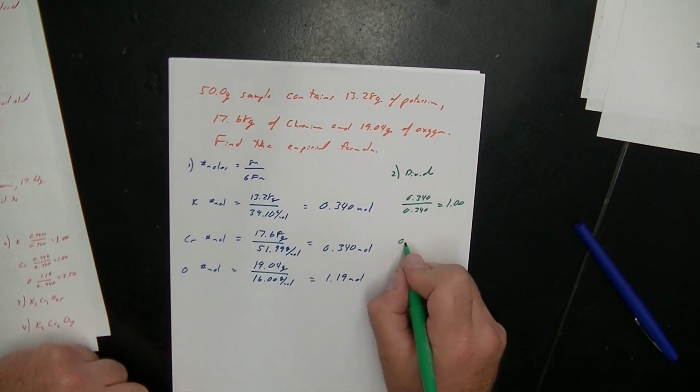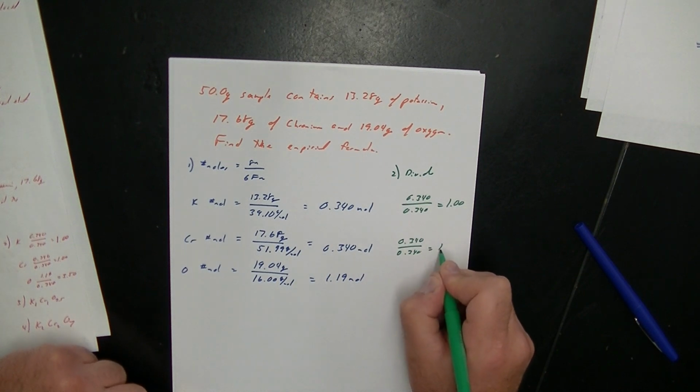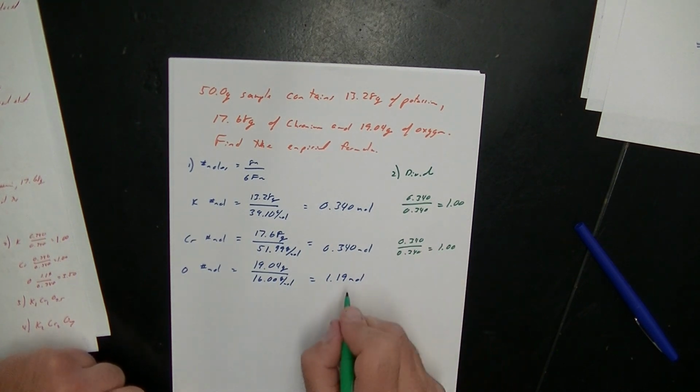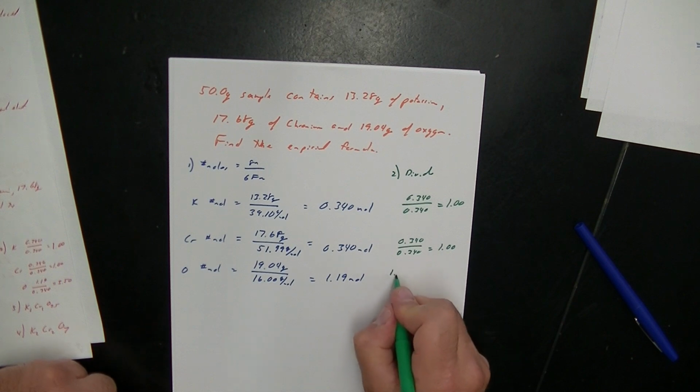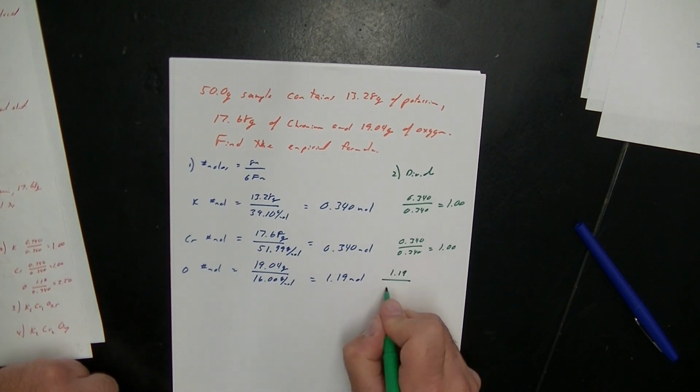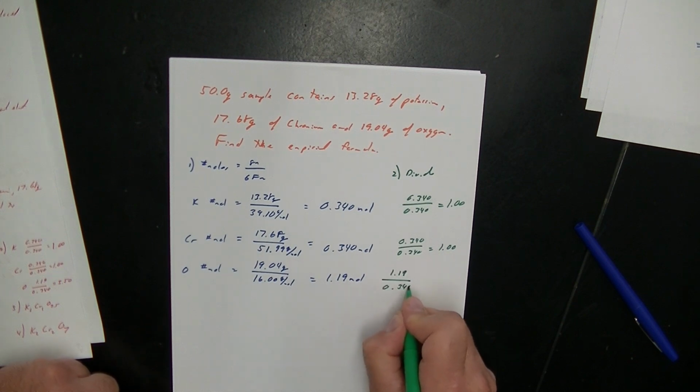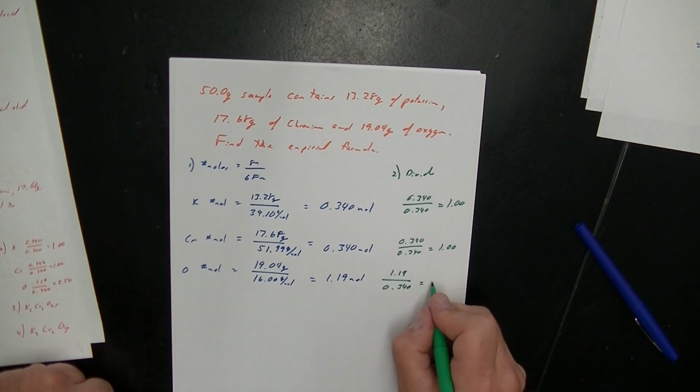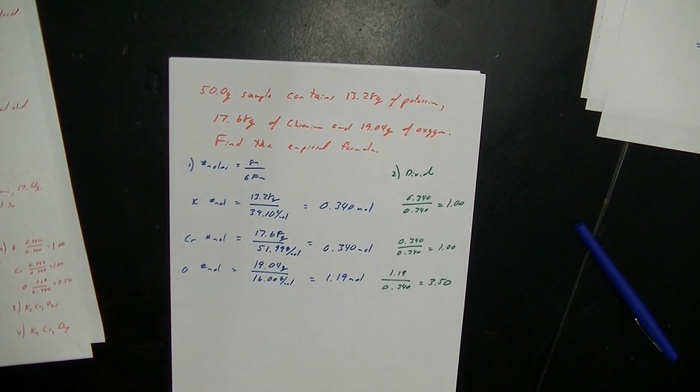For this one, we get 0.340 divided by 0.340, and we get 1.00. For this one, we're going to take 1.19, and we're going to divide it by 0.340, and we get 3.50.